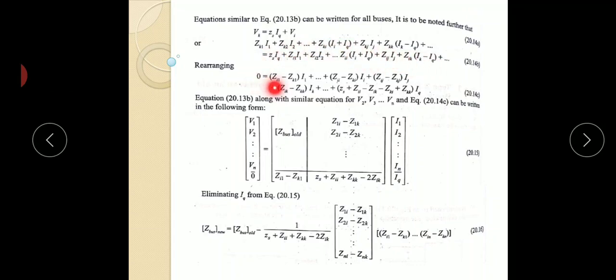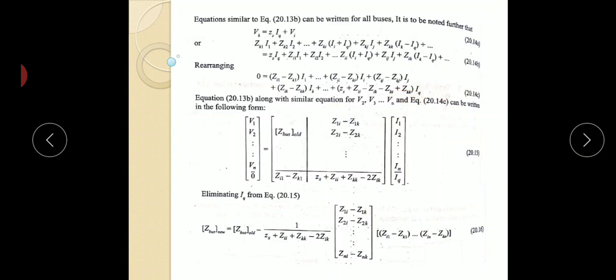After rearranging, we get 0 equal to (Zi1 minus Zk1) I1 plus (Zii minus Zki) Ii and so on, plus (Zs plus Zii minus Zik minus Zki plus Zkk) Iq.